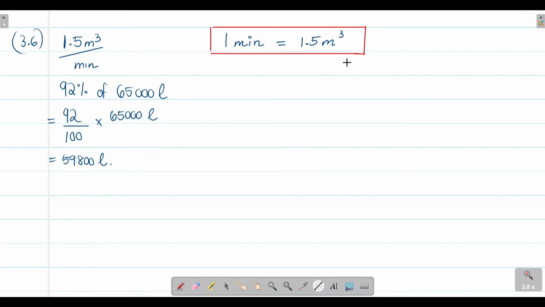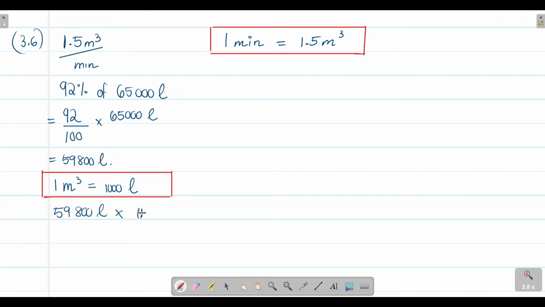Before we can work with this, we first need to convert our liters to meters cubed, right? And you already know that 1 meter cubed is equal to 1,000 liters. So you're going to take that 59,800 liters multiplied by what you want divided by what you have, which is 1,000.